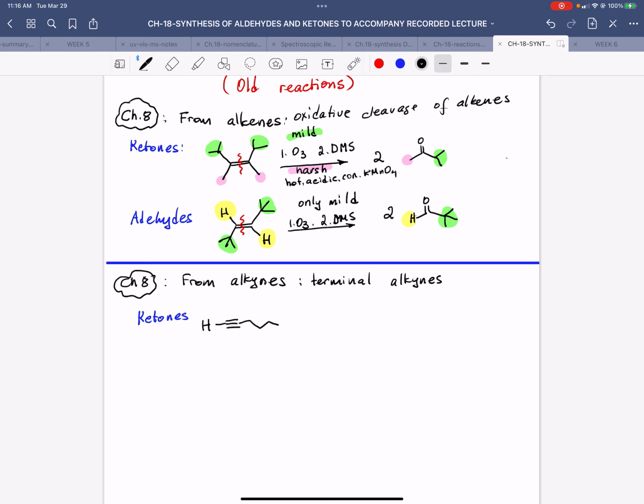And we will react the terminal alkyne under acid-catalyzed hydration of alkyne, mercury chloride, HCl, water, a little bit of heat applied. This reaction goes by Markovnikov path.